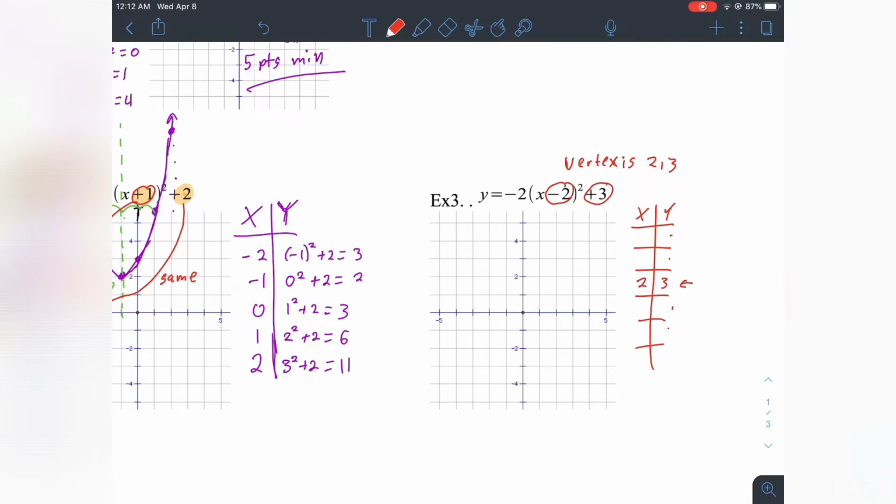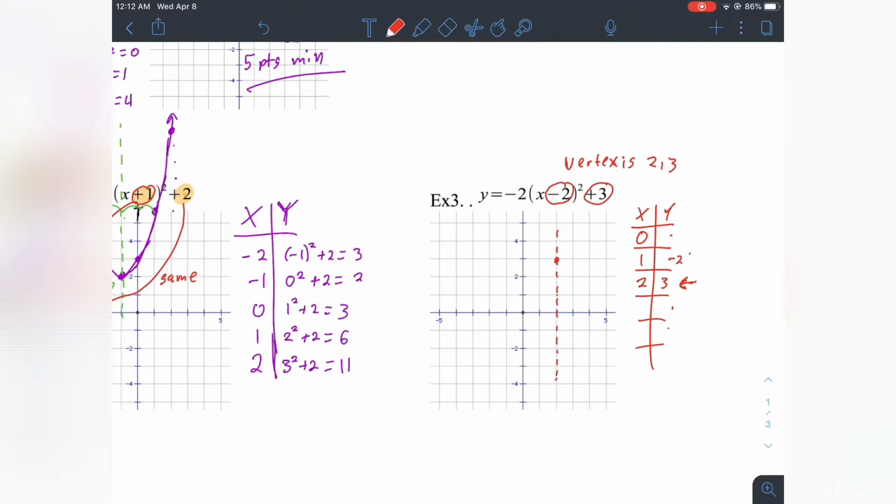So now I can plug in 2 points on either side. Or, if you feel like it, you can plug in 2 points on one side and reflect them to the other side. Okay, so 2, 3. That's the vertex. Now I'm going to plug in 1.